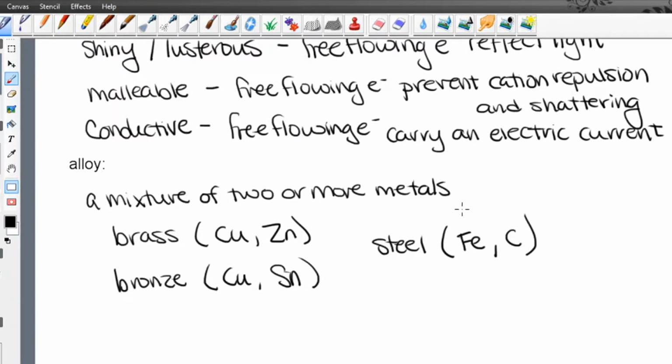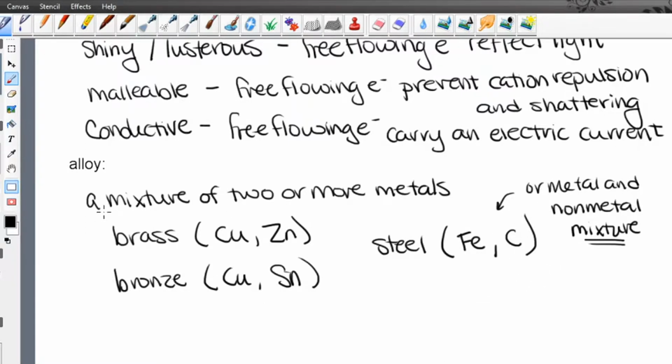You can have a metal and nonmetal mixture. The key is that you don't have that transfer of electrons. So you would not want to be forming a compound between iron and carbon, but simply mixing them together. And that would just depend on the conditions in which these substances were put together.